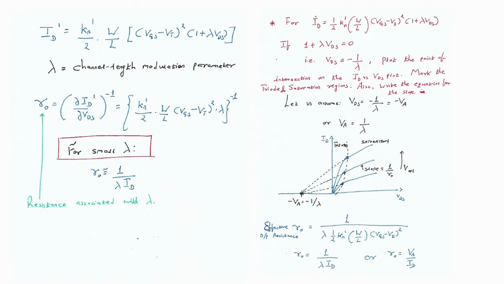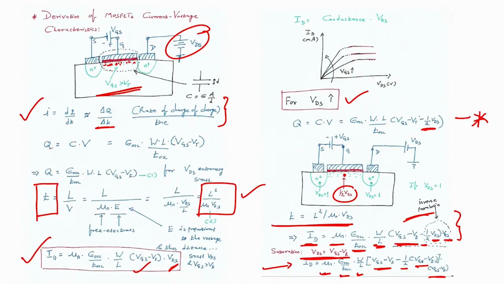So, if I further substitute the value, what will I have? ID dash equals to Kn by 2. Why Kn by 2? Because I already have the formula.